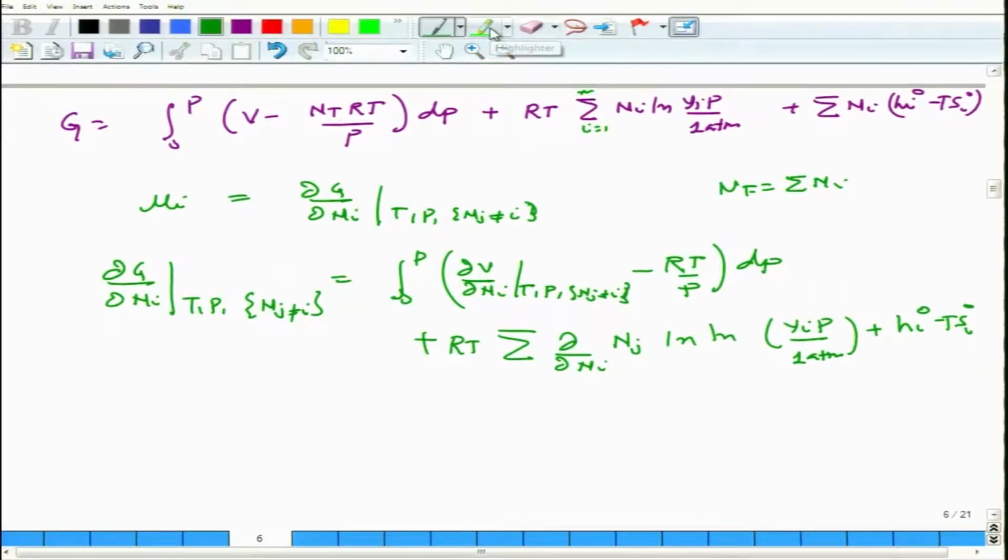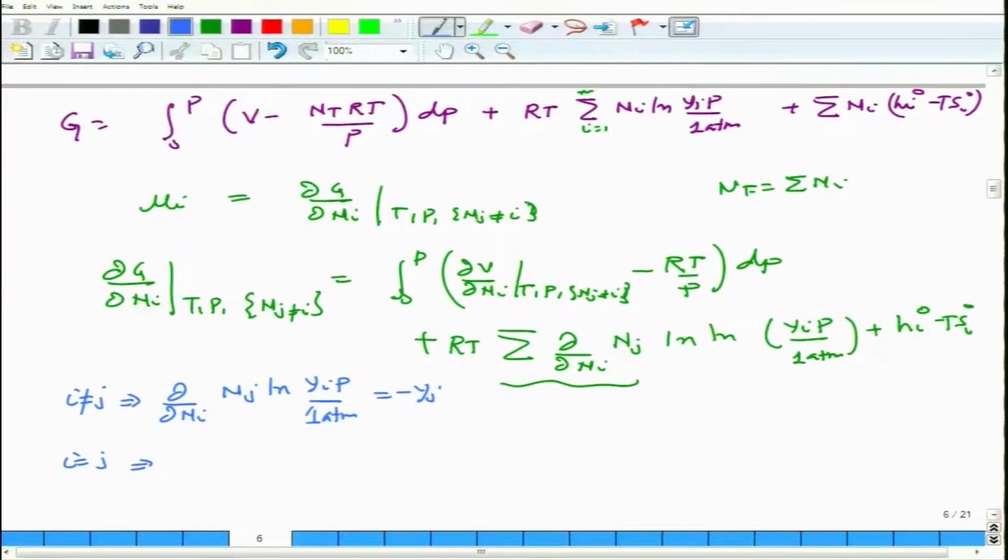Now, I won't derive this part, this is a bit tricky, but you should be able to show that for i not equal to j, del by del Ni of Nj ln YjP by 1 atmosphere is simply minus Yj, and when i is equal to j, del by del Ni of Ni ln YiP by 1 atmosphere is going to be simply ln YiP by 1 atmosphere plus 1 minus Yi.